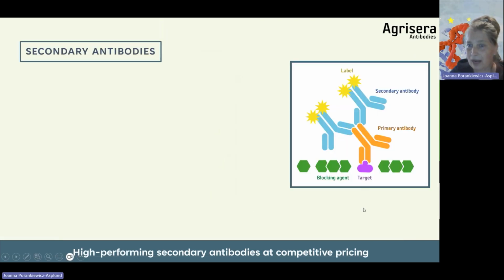And here a reminder, we have a target on the membrane. We use a primary antibody, which binds to the target. Of course, the membrane is blocked, as you saw a few slides ago. And then we have a primary antibody made in the rabbit, so the host is rabbit. And then the secondary antibody has to be anti-rabbit.